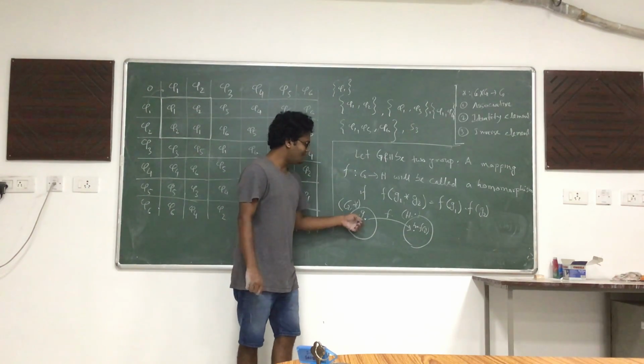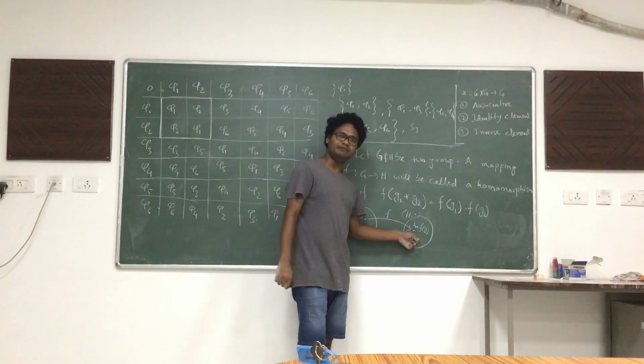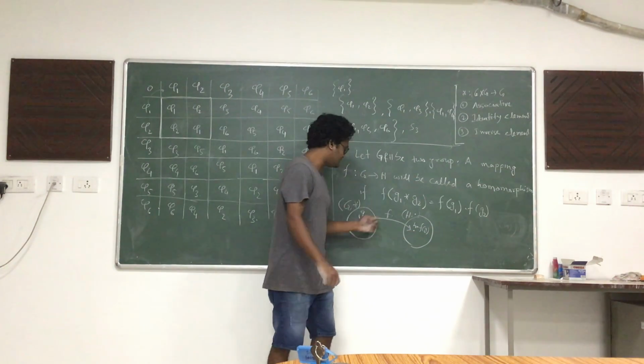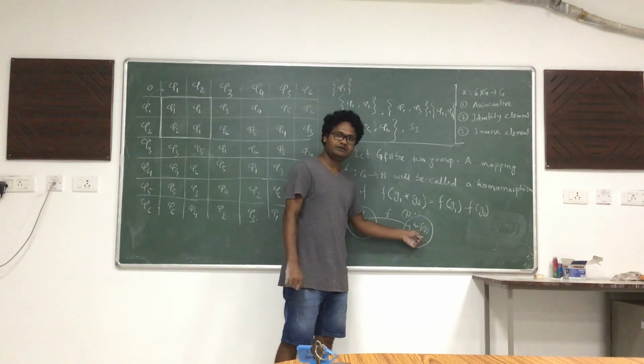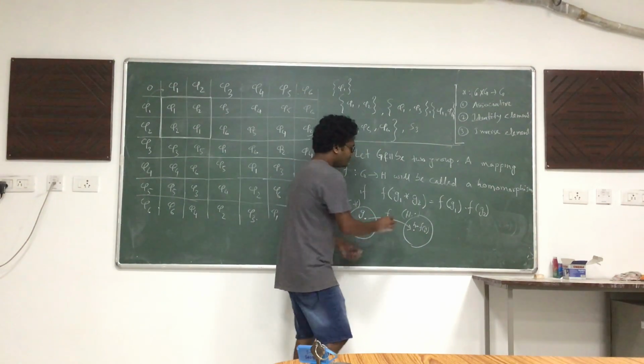So given any element from here, it will send it via this rule, this mapping, to the other group.